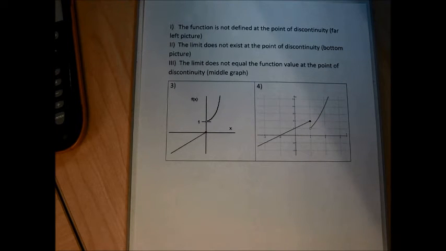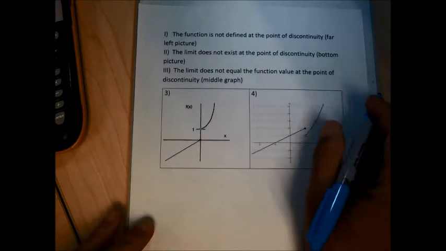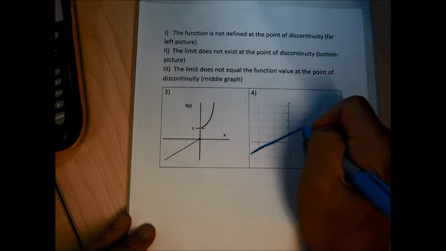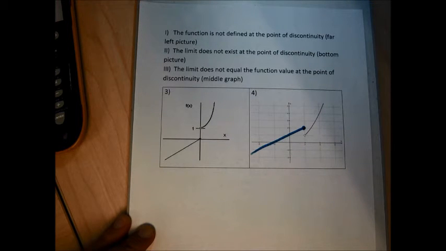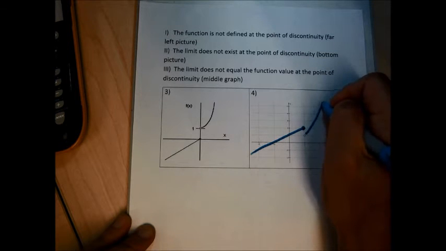So I look at my graph. For number 4, to draw this whole region of the graph, I wouldn't have to lift up my pen. I could even draw that solid circle without lifting up my pen. And then I lift up my pen and I draw this part of the graph.